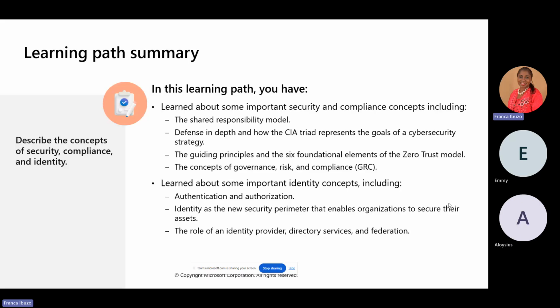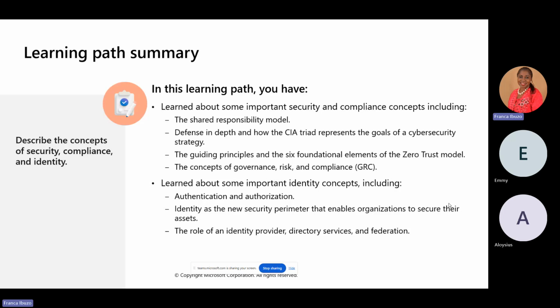And we looked at the guiding principles and the six foundational elements of the zero trust model, and the concepts of governance, risk, and compliance, GRC.